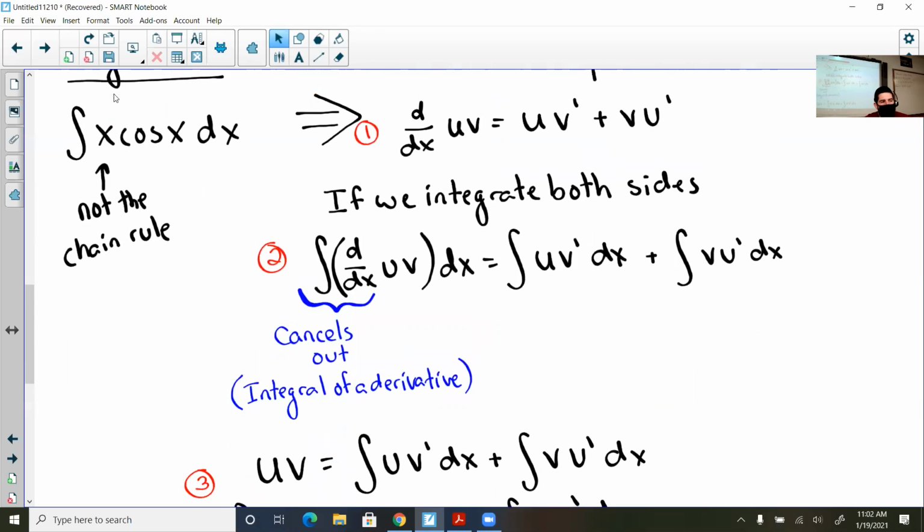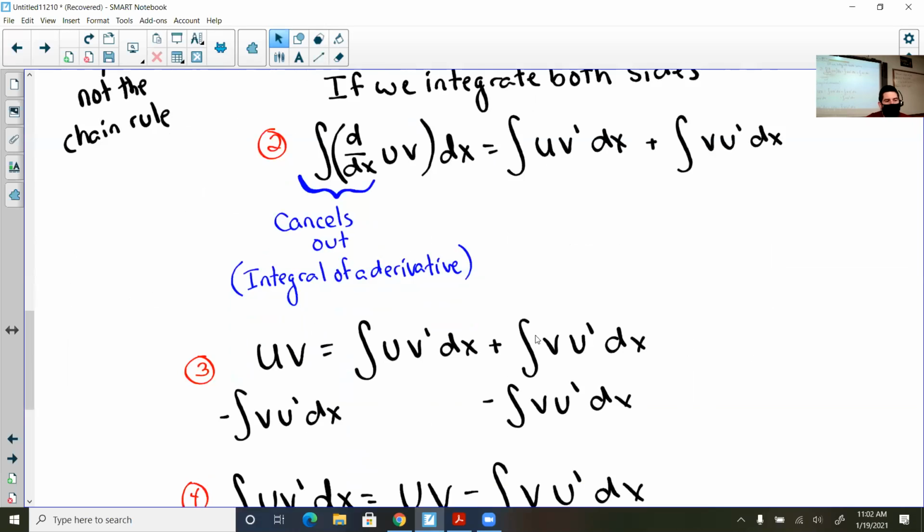Now what I have in my original problem is the integral of two quantities being multiplied together. Where I'm at here, I have two options for that integral. Either it's my u value times the derivative of my v value, or it's my v value times the derivative of my u value.